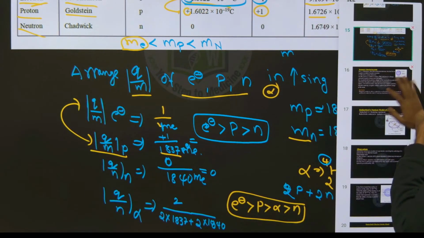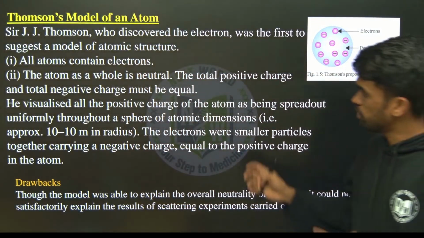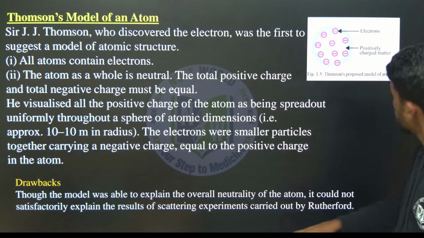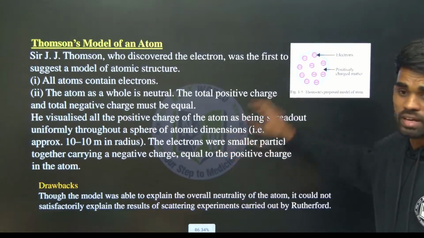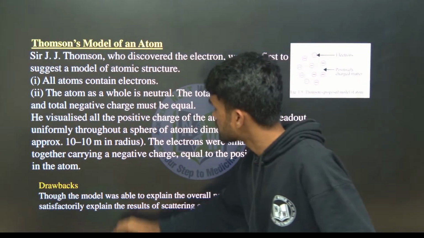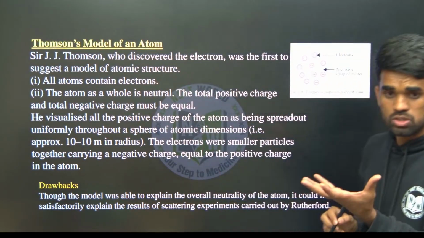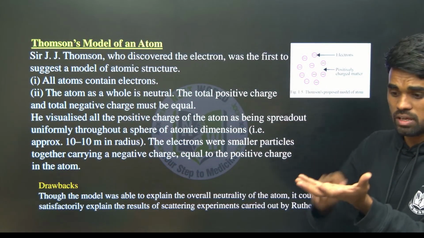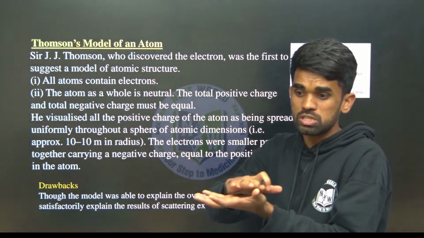Next we have atomic models. So we got 3 particles and their charges and masses. Now we look at how these particles were arranged in the atom. J.J. Thomson considered the atom as a whole positive, with uniformly spreading positive charge, like a watermelon.